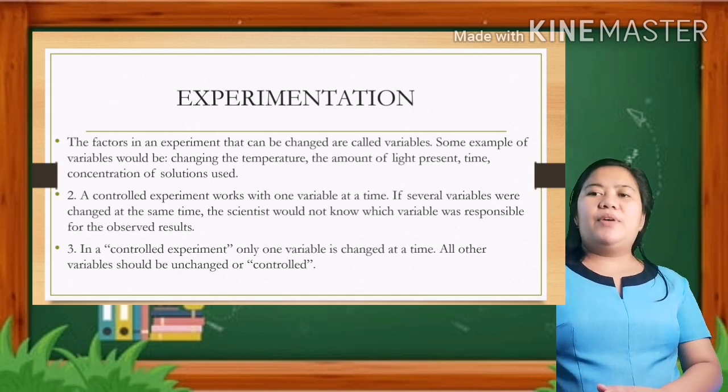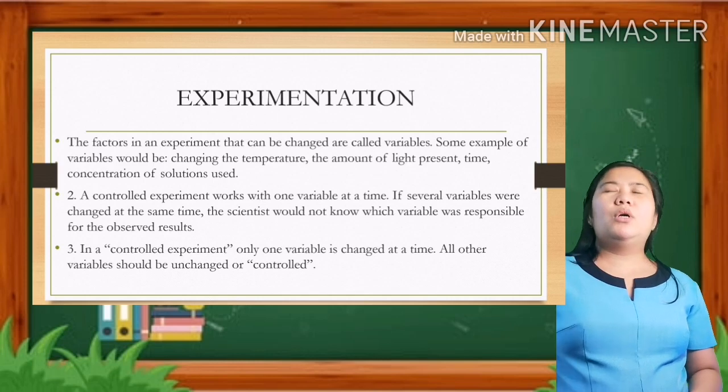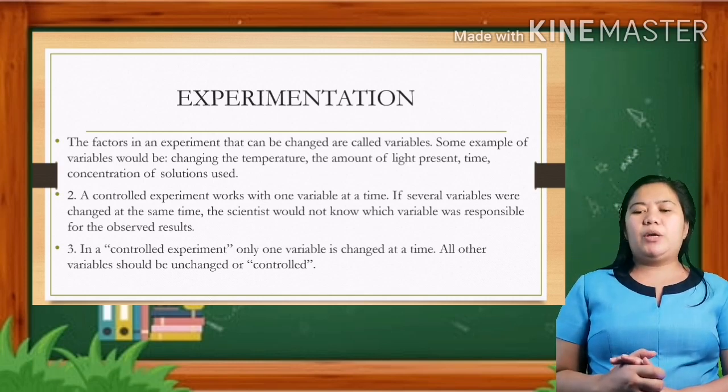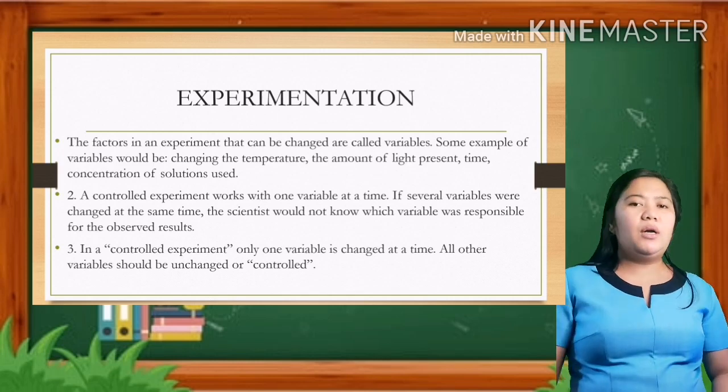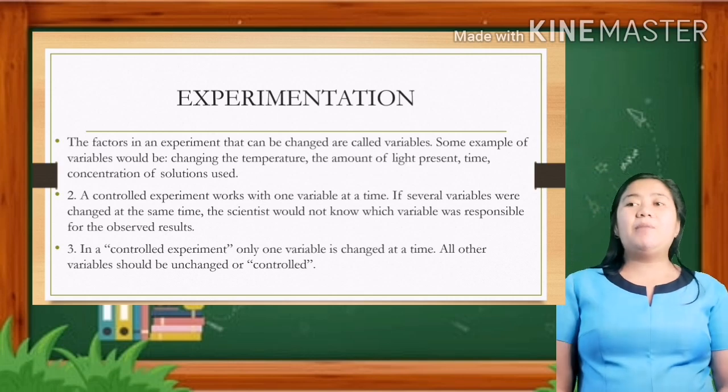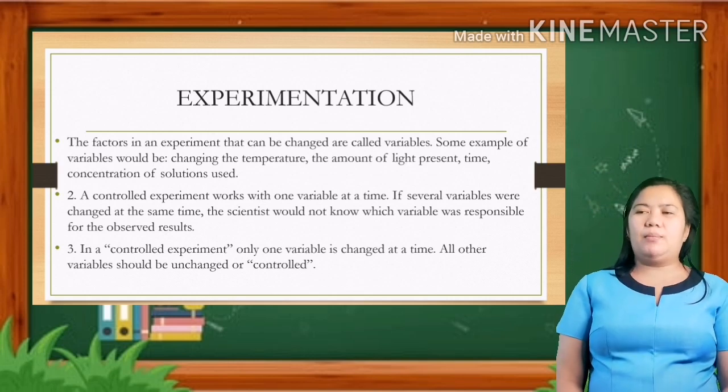Firstly, in experimentation, you need to identify the factors that affect your experiment. These are your variables. The factors in an experiment that can be changed are called variables.